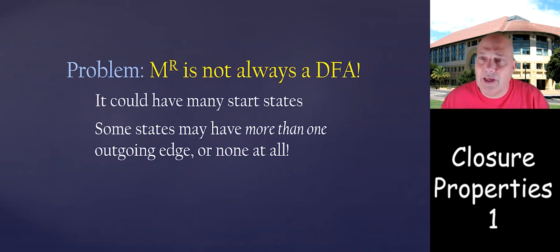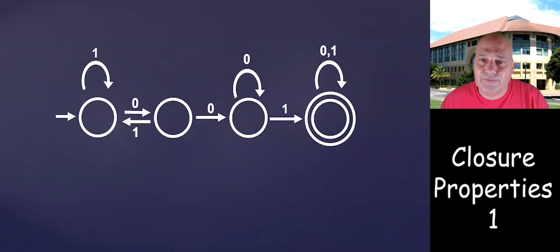And also we may have more than a single start state. Wait. Let's not be harsh. We don't need to throw out this idea. In fact, this idea will give us something very, very useful. So let's entertain this idea a little bit further.